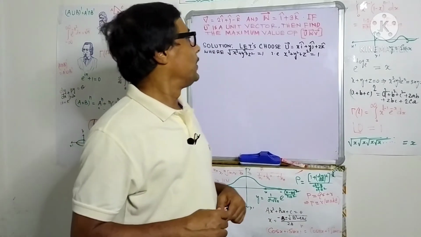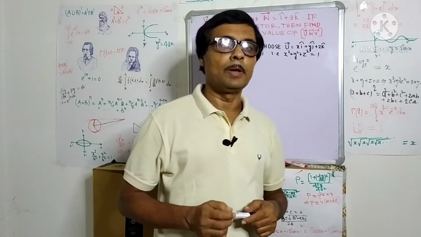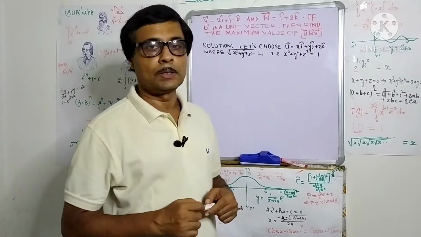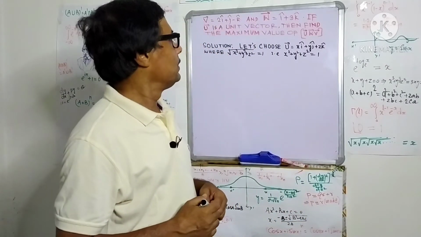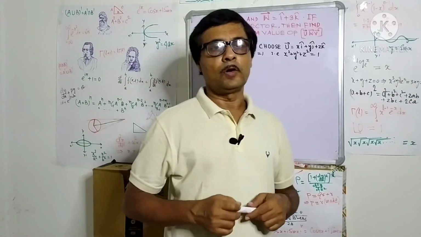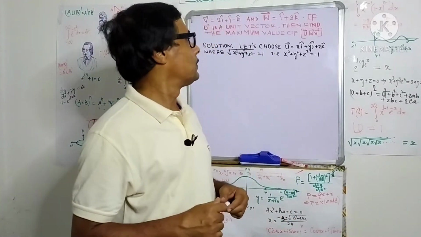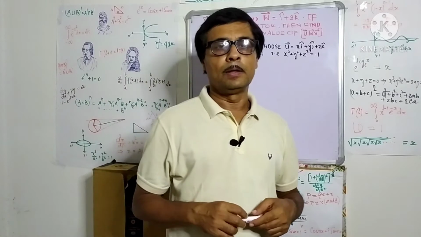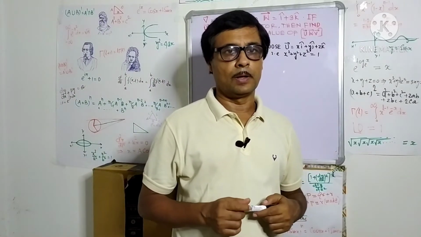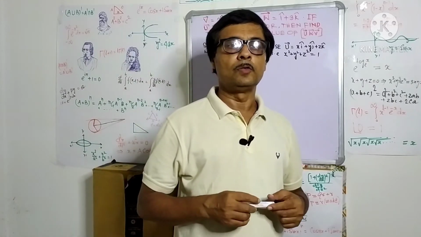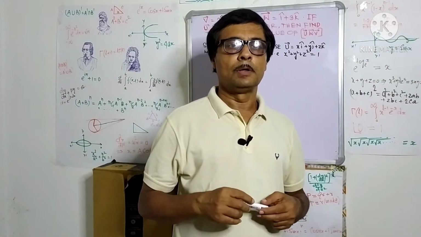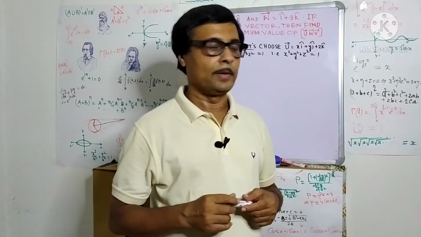We have to find the maximum value of the box product UWV. It is easy for us to solve this problem if we apply the Lagrange method of multipliers for maximizing this function, the box product of three vectors UWV.